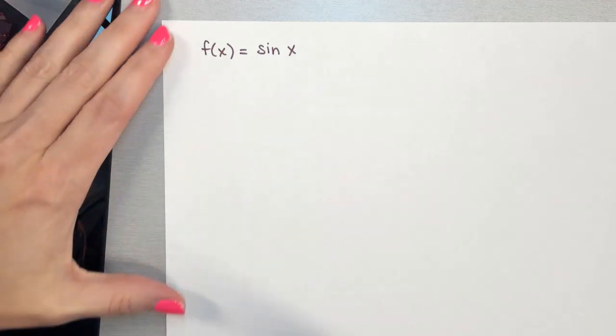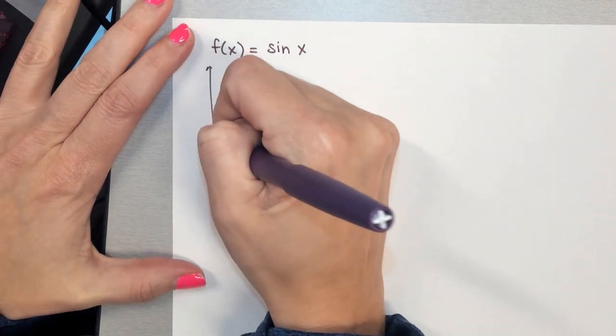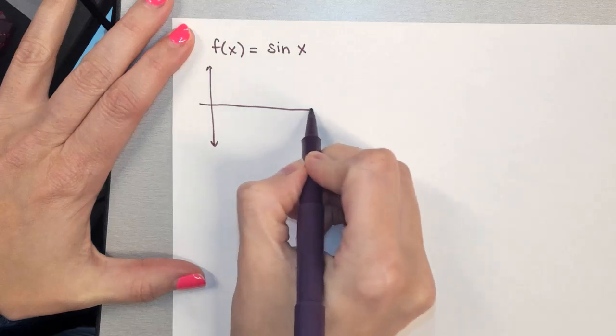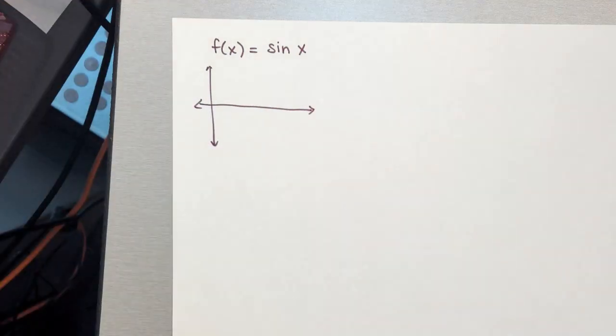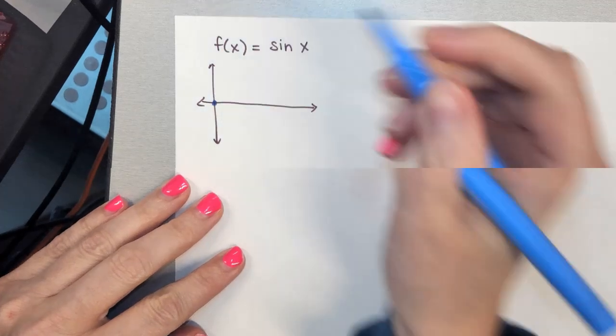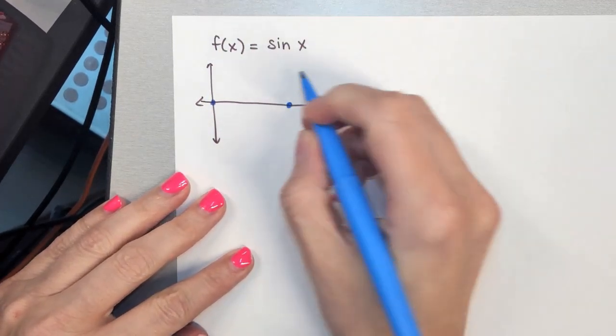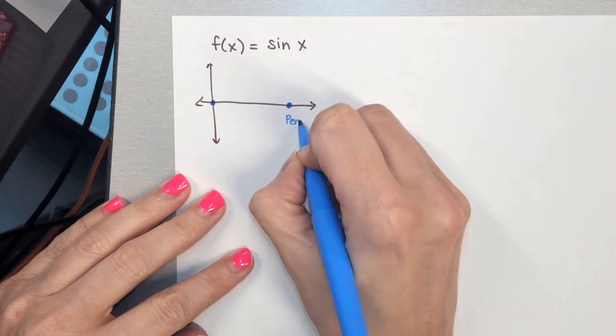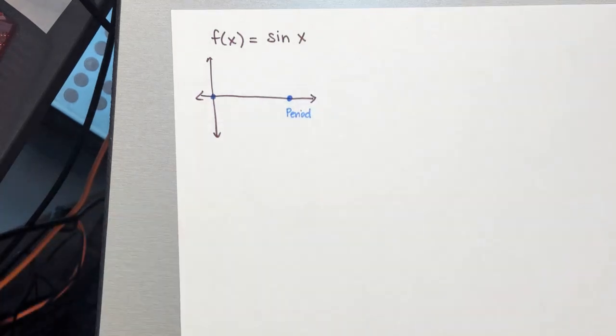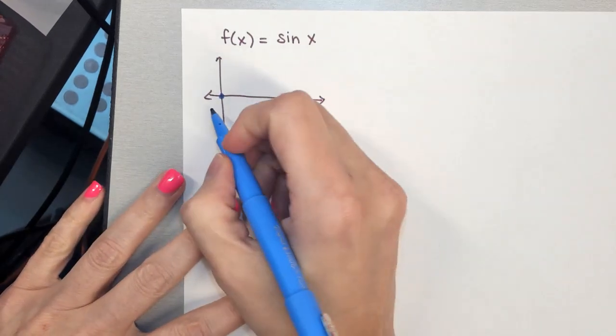In your sine function, remember that we always start at 0, 0, and we end at 0, 0. So we're going to start and end on the axis.